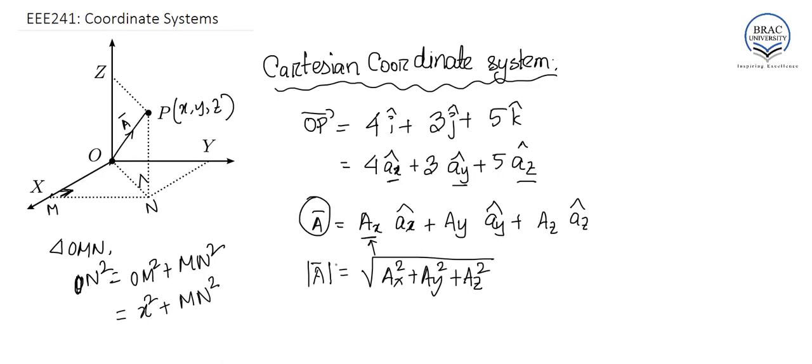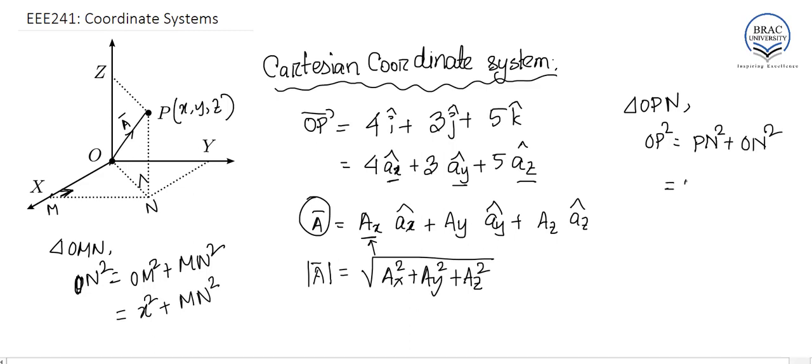All right. And then if you look at this triangle over here, OPN is a right angle triangle, because PNO is a right angle over here. So you'll get OP squared equals PN squared plus ON squared. But you also know from over here, ON squared is equal to x squared plus MN squared.